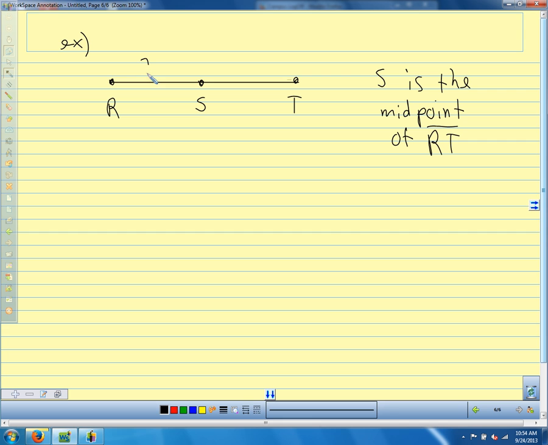And we're going to label this 7x minus 3 and 3x plus 1. And the problem tells us to find RS and ST. So, a similar kind of problem. We just do it in a slightly different way.